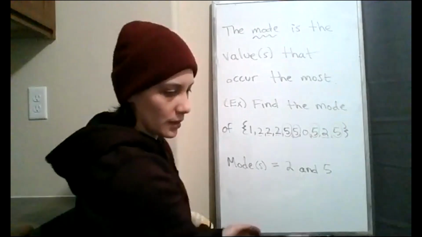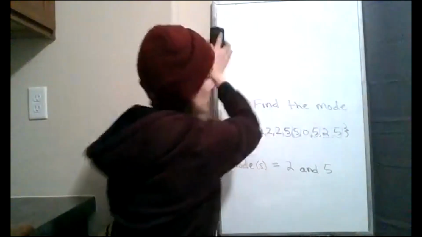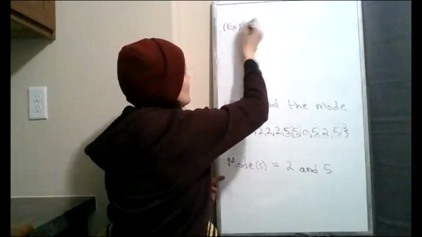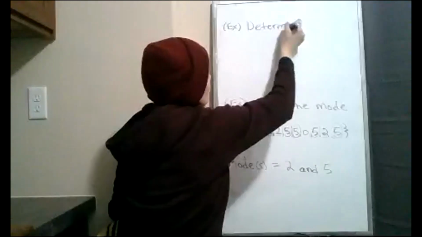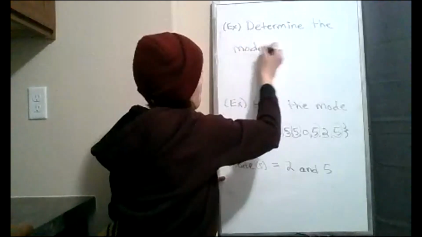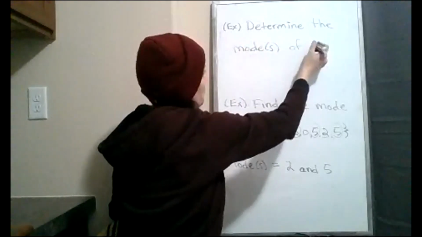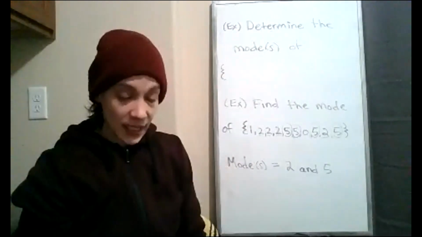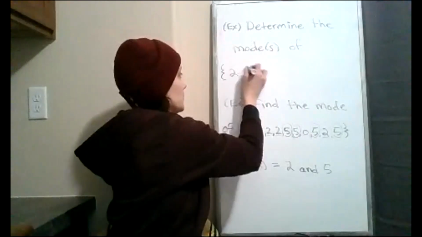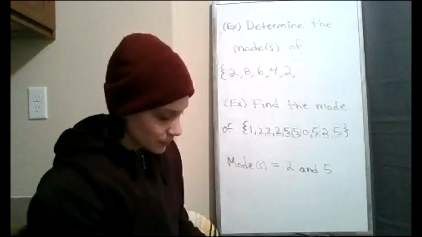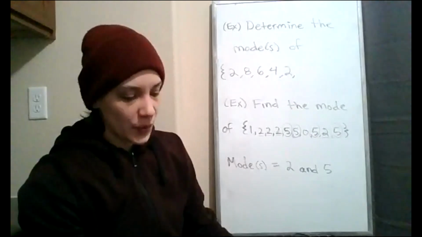Let's determine the mode. Okay, this set has 2, 8, 6, 4, 2, and 2, 4, 8, 8, 4.